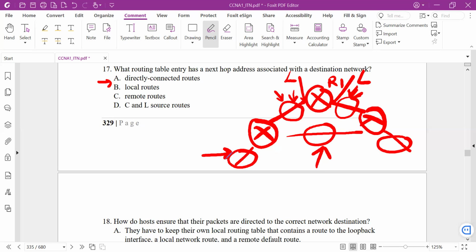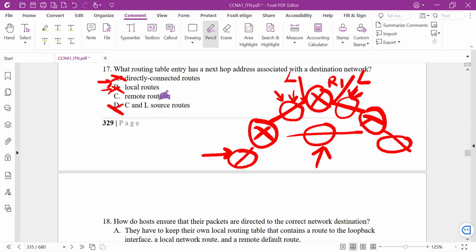So I think basically that summarizes my routing entries. And if we go back to the question, what routing table entry is associated with a destination network? Right. So you see, directly connected routes are not associated with any destination networks. Local routes are not associated with any destination networks because all of them are directly connected.